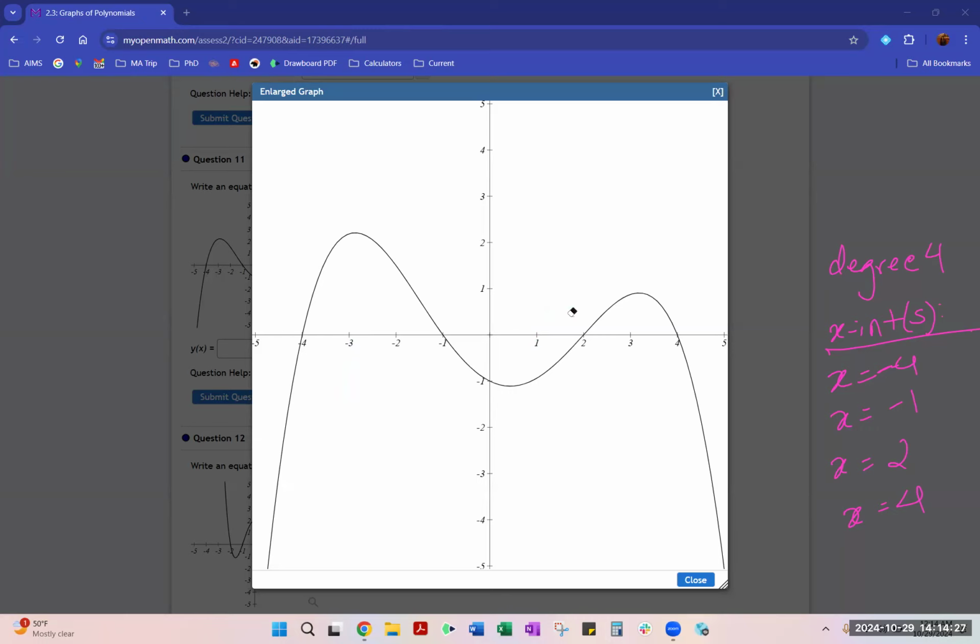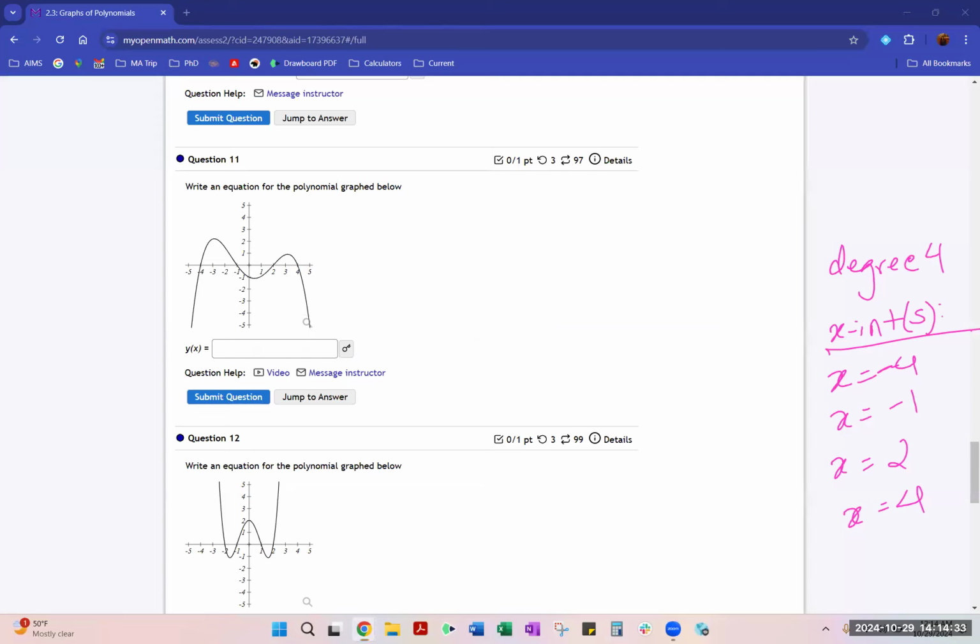So basically, since we know this is a 4th degree polynomial and we have 4 intercepts, the general format for the equation for this function would basically be, you would have a leading coefficient in the front of your polynomial. Now, it could end up becoming 1, -1, something like that, but we're just going to, at this time, call it A because we don't know what that value is going to be.